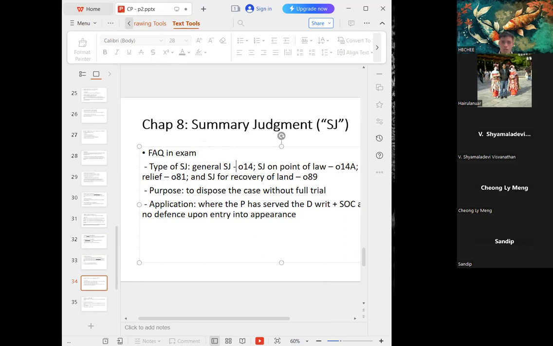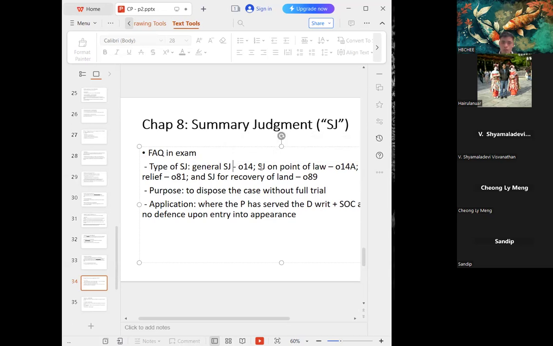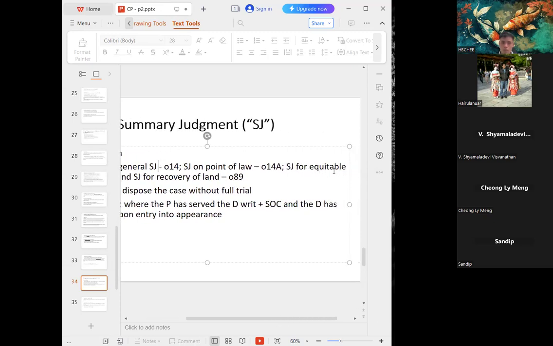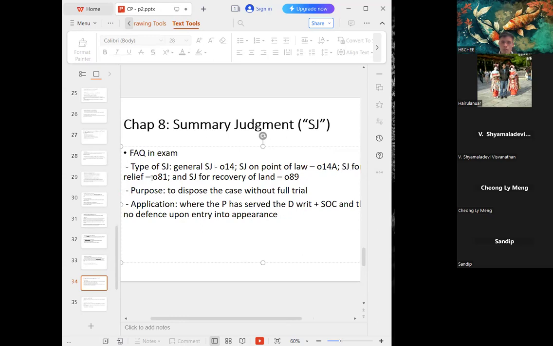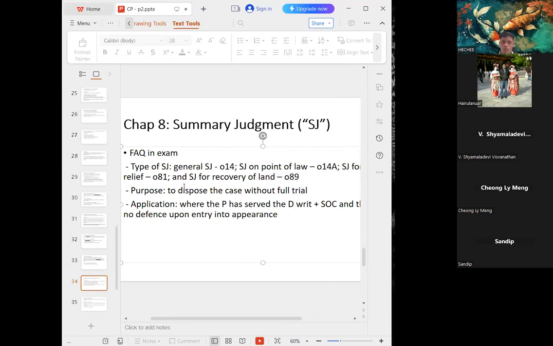In the Rules of Court, there are a few types of summary judgment: general summary judgment, which is Order 14; summary judgment on point of law, Order 14A; summary judgment for equitable relief, Order 81; and recovery of land, Order 89. The purpose of this is to dispose of the case without going for the full trial.